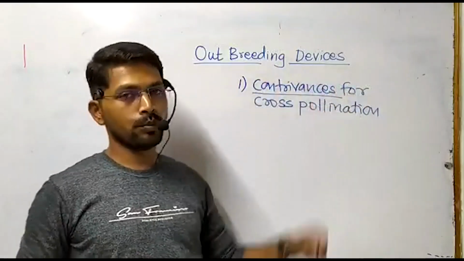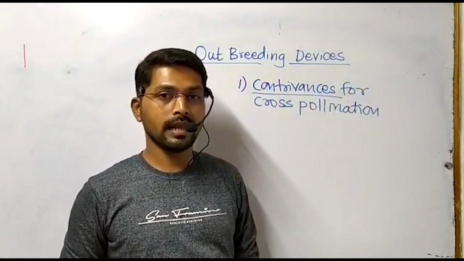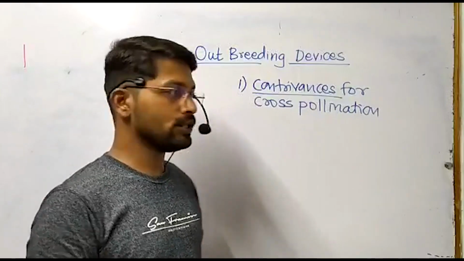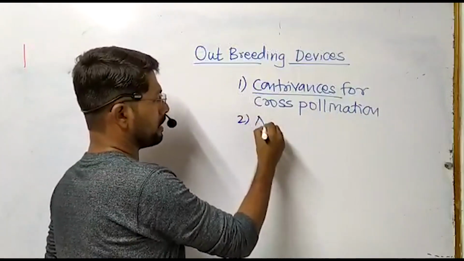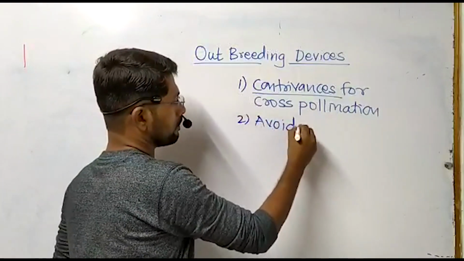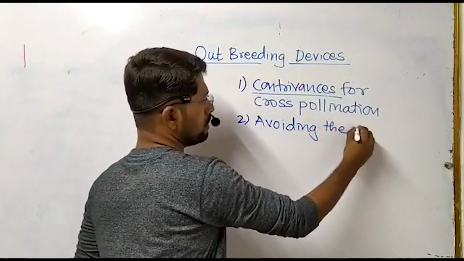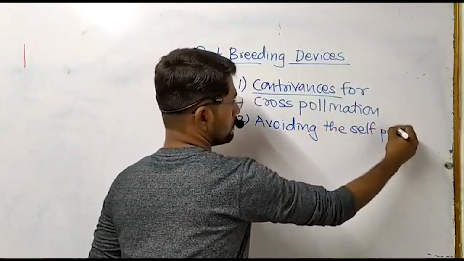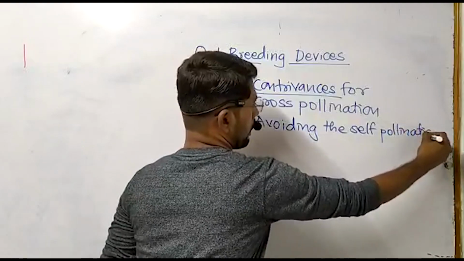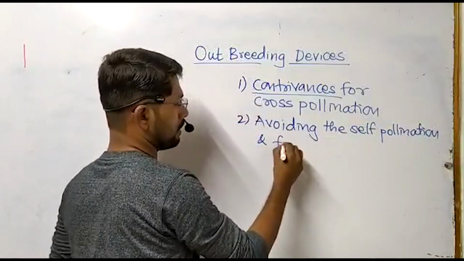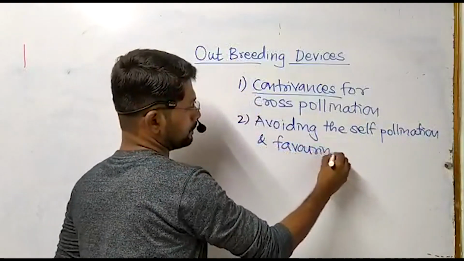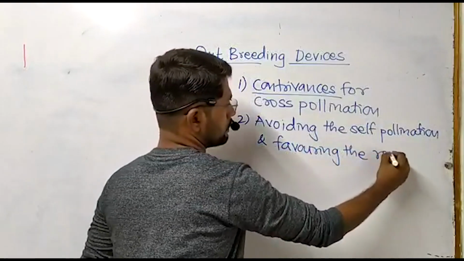They are called outbreeding devices. By these adaptations and modifications, angiosperms are avoiding self-pollination and favoring cross-pollination.